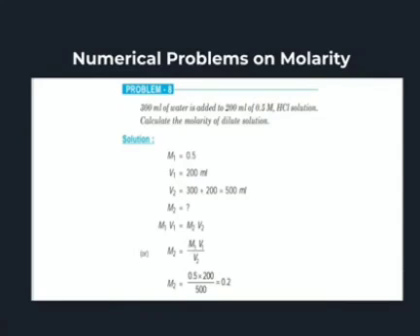So now we have to find out M2. For this the equation is M1 V1 is equal to M2 V2. Now M2 is equal to M1 V1 by V2. So after substituting the given data in this equation, M2 is equal to 0.5 into 200 by 500, that is equal to 0.2 molar.